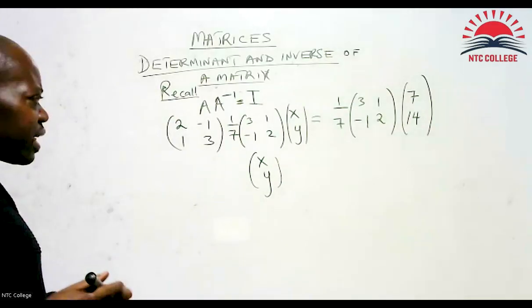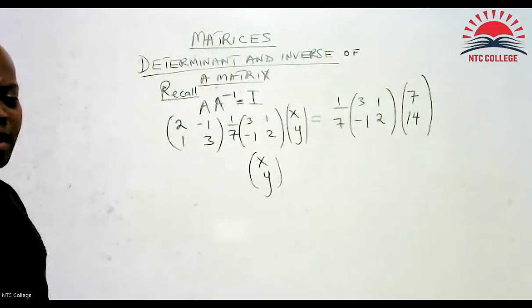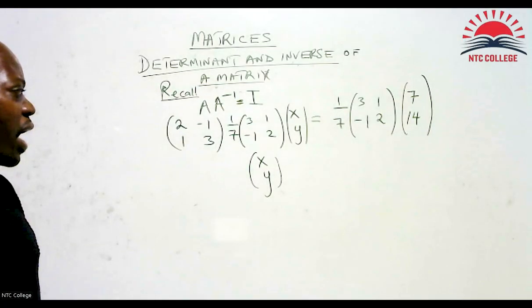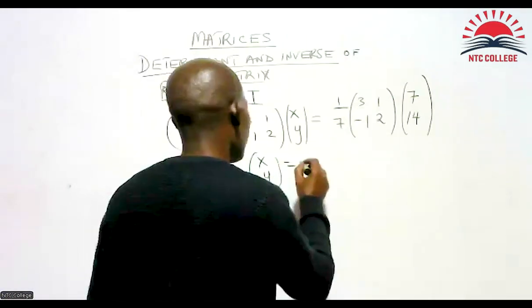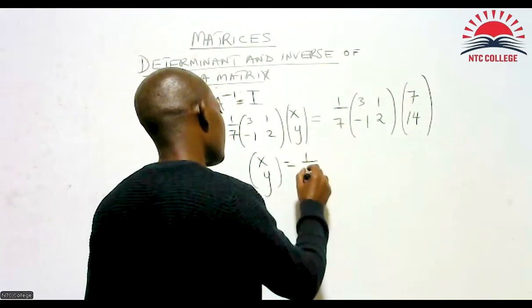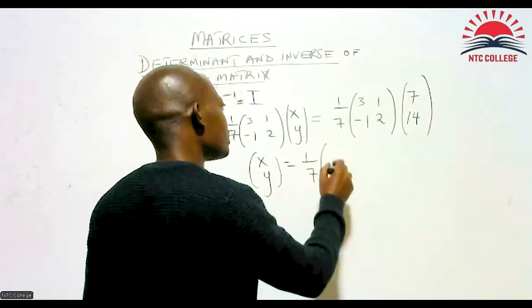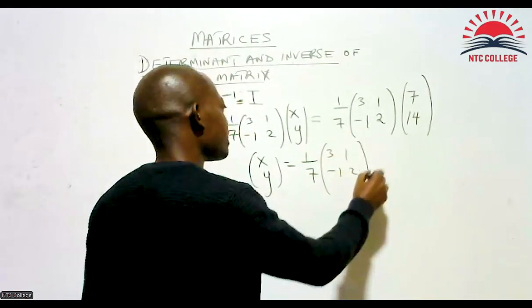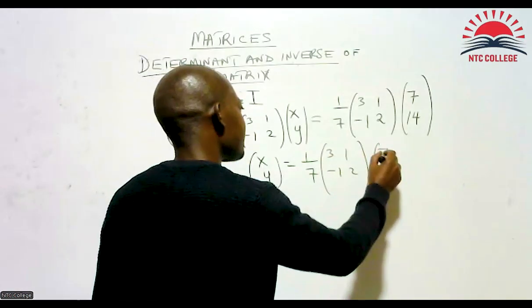By simply stating this, it is understandable that on the left-hand side we'll be left with xy, equated to the right-hand side, which is still 1 all over 7 into 3, 1, minus 1, 2, multiplied by 7, 14.